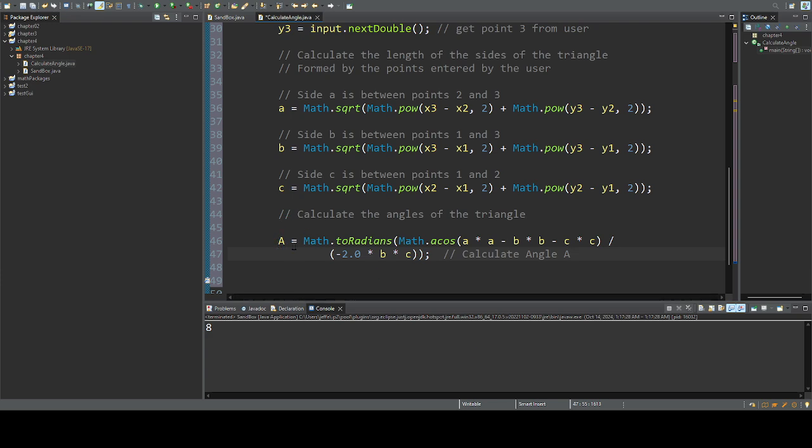So A equals math.toRadians. What's going to spit out of this is going to be in radians, so what we want to do is actually probably make it toDegrees. We like reading degrees. I think that'll be better for us than radians. Yeah, math.toDegrees will make it readable for us. We use the arc cosine function, which does the math we were looking at here.